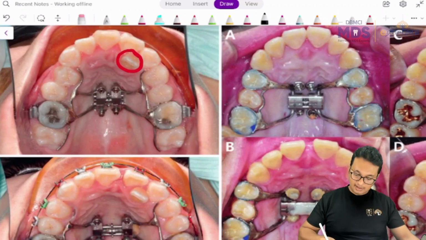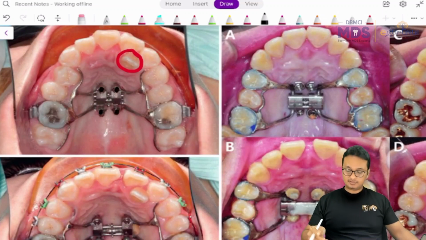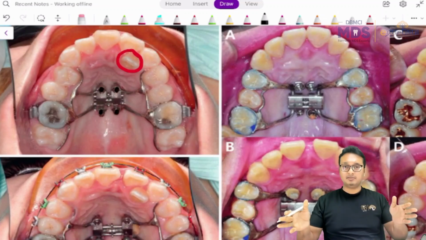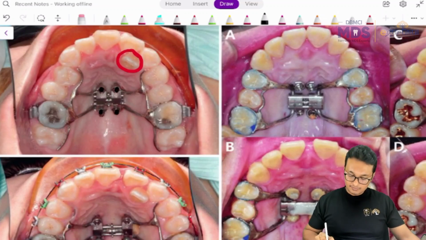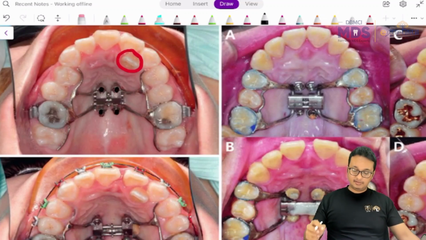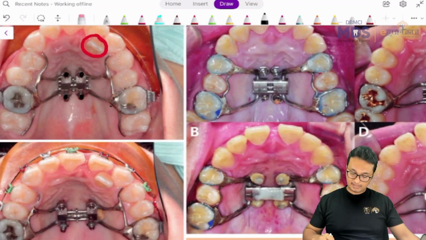Certain mini screws are inserted in the palate just lateral to the mid-palatal suture, and a Hyrax screw is incorporated into that. Along with the Hyrax screw, the rest of the skeleton of the appliance is soldered to the molars, similar to a normal RME appliance. So expansion is taking place here.